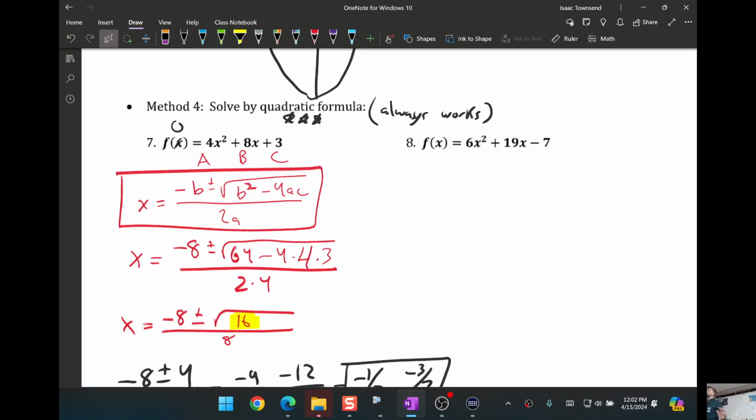And feel free to use the calculator in number 8. Those numbers are too big to try to do without a calculator.